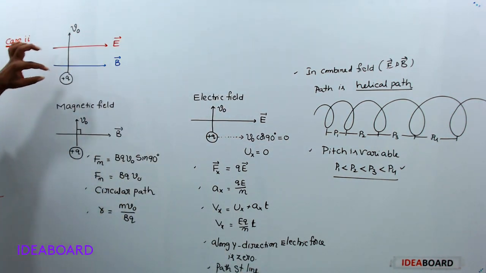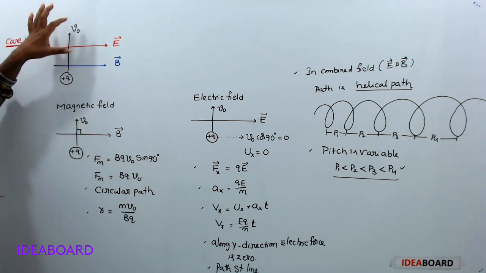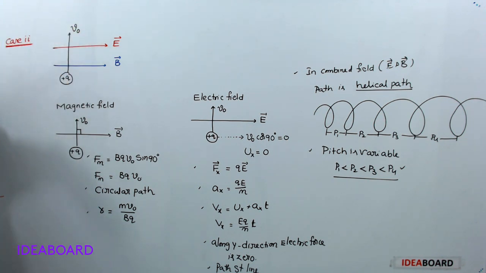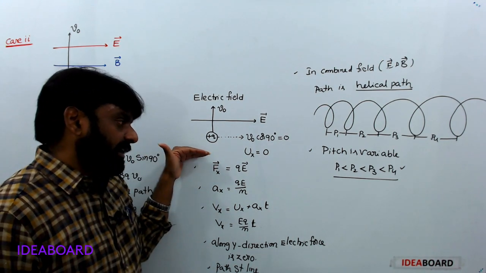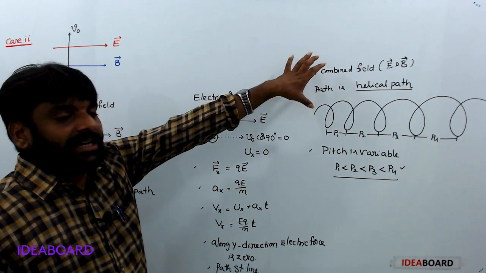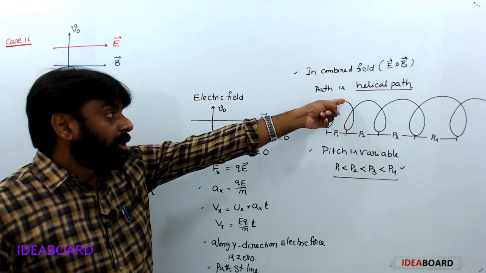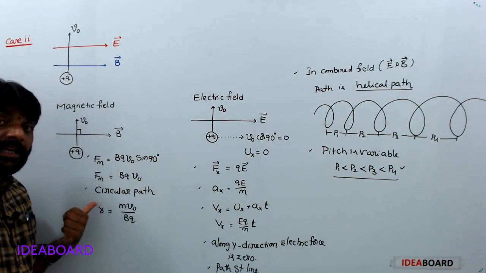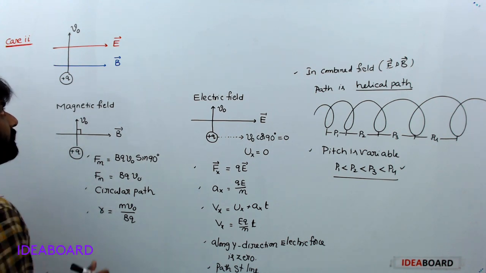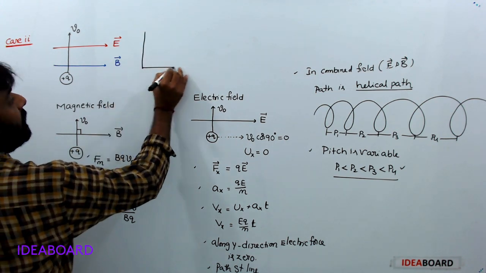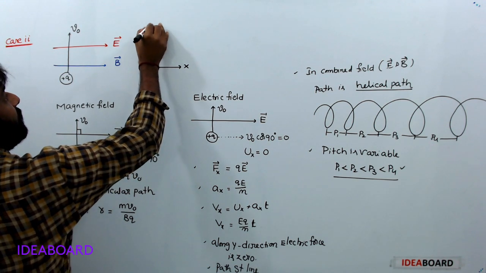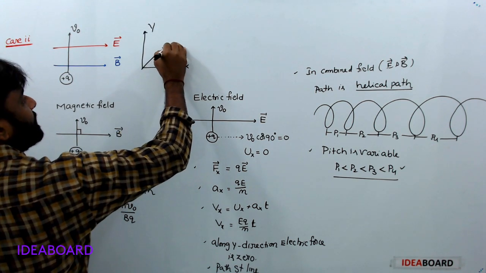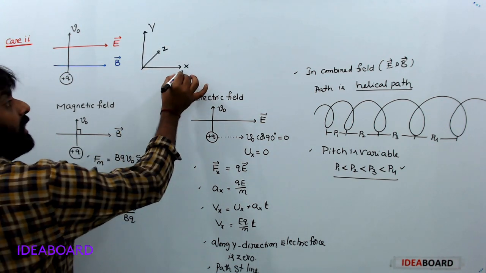Once again, here the charged particle enters into the electric field and magnetic field perpendicularly. Both fields are combined. So, due to the electric field, a straight line, and due to the magnetic field, a circular path. See, it is the x-axis, the y-axis, and this one is the z-axis.